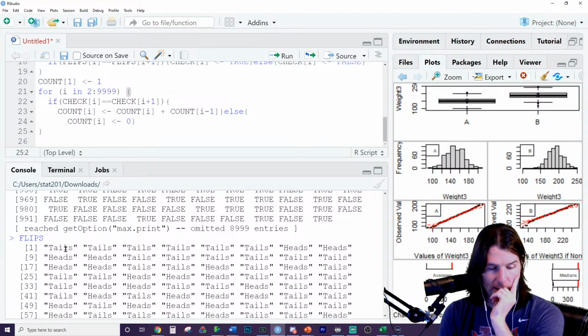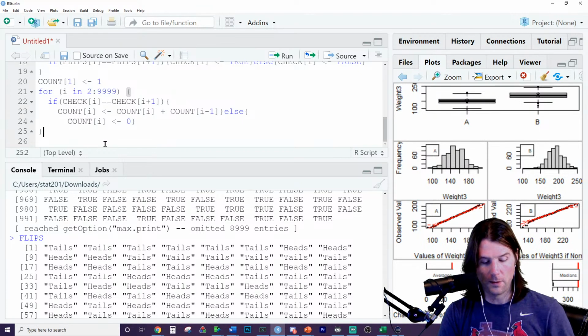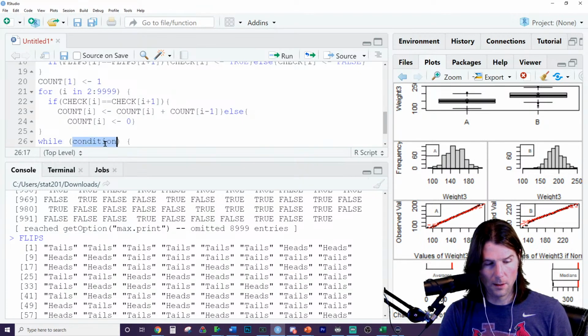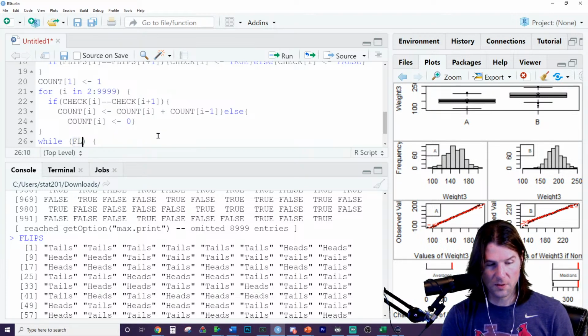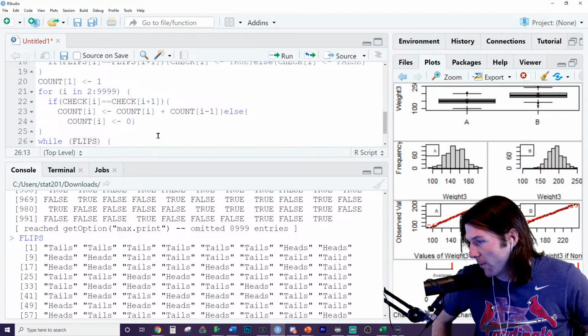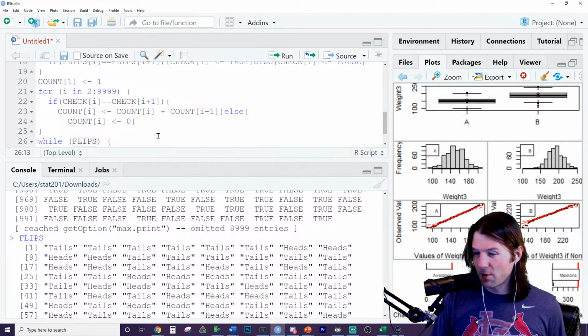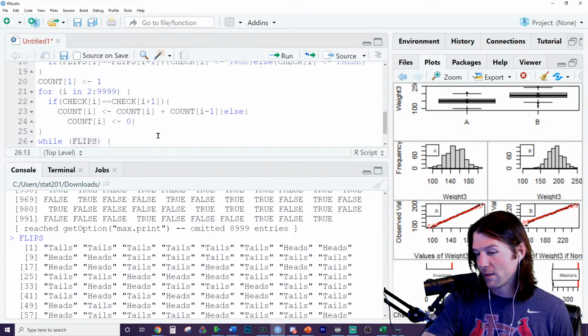She needs to go here and look at this, and then look at the next one. Wait. While flips... Oh my gosh, might be able to do it. I think I figured it out. While, it just had to turn on hacker mode. Got to go full 80s.